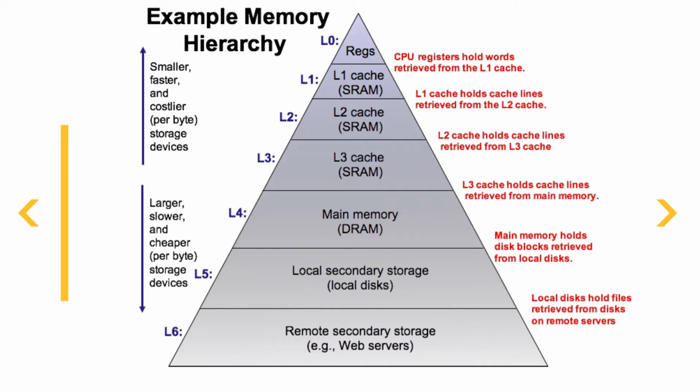Then we've got local secondary storage. That's our local disks, right? And it's a perfect example. I might have 8 gigabytes of RAM. That's going to be that more expensive and quicker dynamic RAM, whereas my secondary storage refers to the hard drive. I might have a 1 terabyte spinning hard drive in there or a 500 gigabyte solid state drive, right?